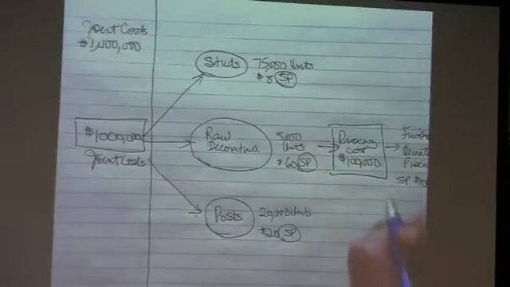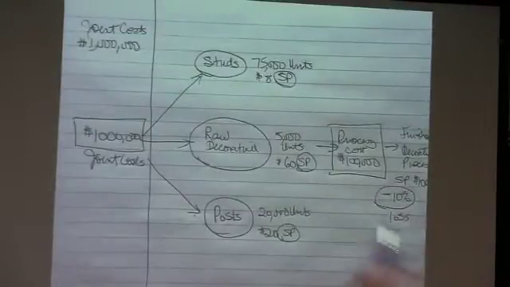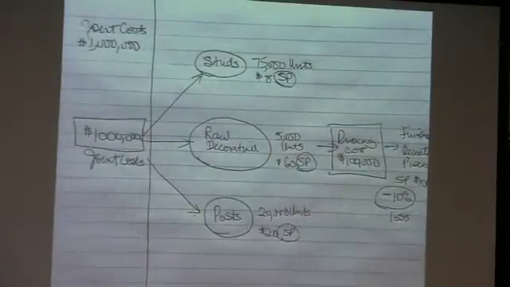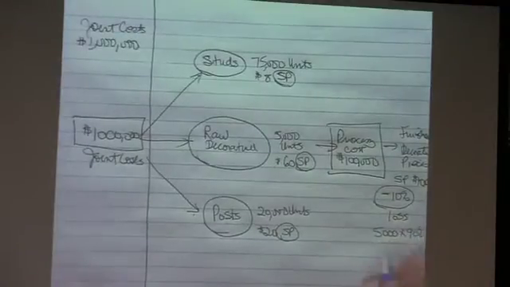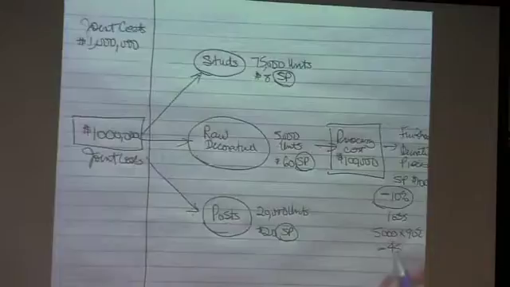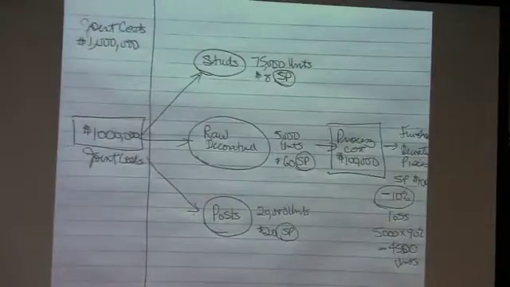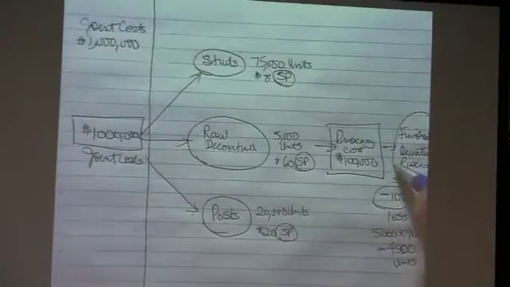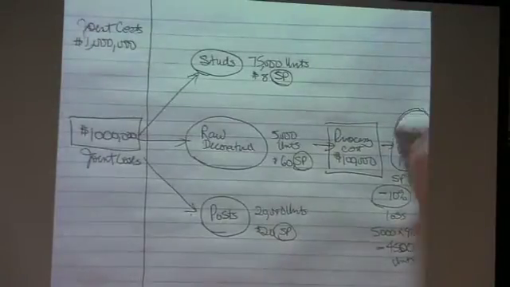But there's also a 10% loss, which means that 5,000 will be 5,000 times 90%. We're only going to produce 4,500 units. So this is the other finished goods. Let me circle that in purple.